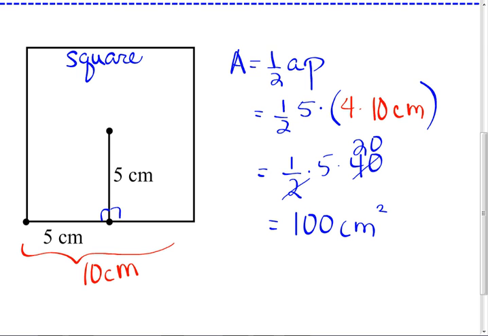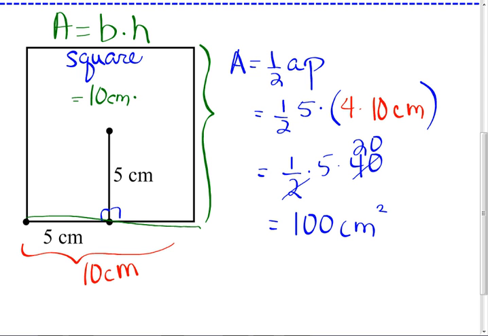Now, would I use that formula for a square? Probably not. Because what's the formula for a square? It's base times height. Let's do it the other way, because no matter how I do this, the area is always the same. So the base is not 5, but it's 10. And this side is also 10.